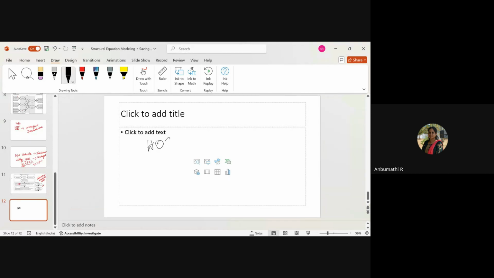It is called as higher order construct, and this is lower order construct, LOC and HOC. And Bharti ma'am, you said we have 2 layers. It is not mandatory that we can only have 2 layers. What I have explained yesterday is that I have explained with the knowledge management.